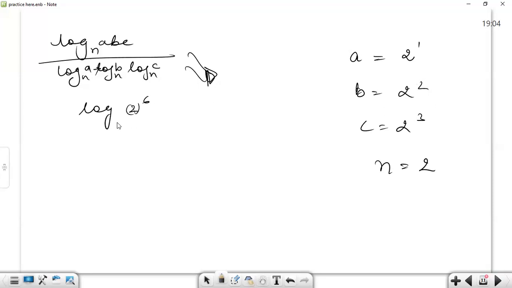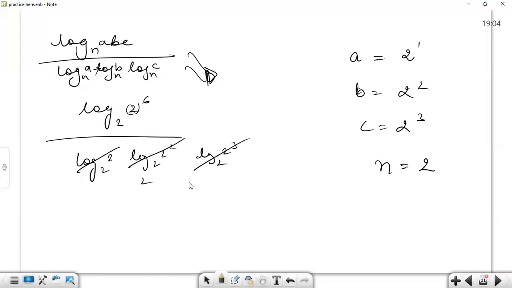So 6, base 2, logarithm of a base 2, logarithm of 2, that's 2 raised to power 2, logarithm base 2, c is what? 2 raised to power 3. So this has become 1, this has become 2, this has become 3. Understood why so? This has become 6. Understood why so? So this will become 6 by 1 into 2 into 3. 2, 3 cancels. So answer should be 1.